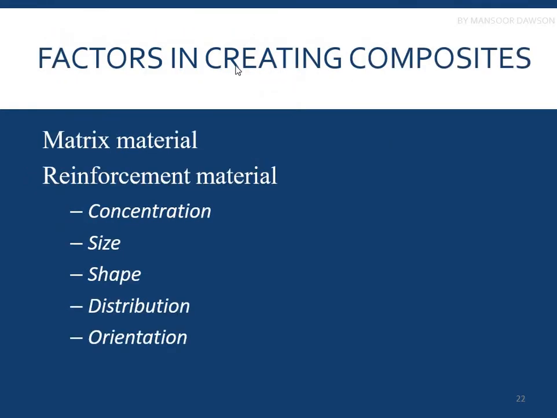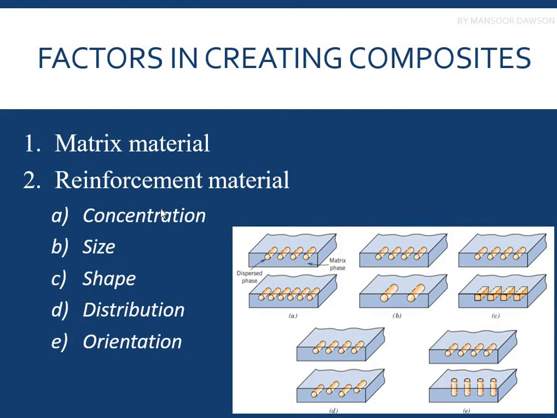Okay, so the factors in creating composites are of two types: the matrix material and the reinforcement material. The reinforcement material depends on the concentration of the reinforcement. As you can see in A, this has a higher concentration of reinforcement, and this has a lower concentration.